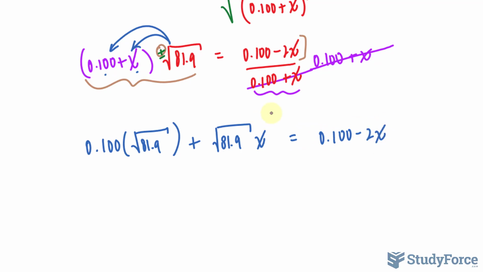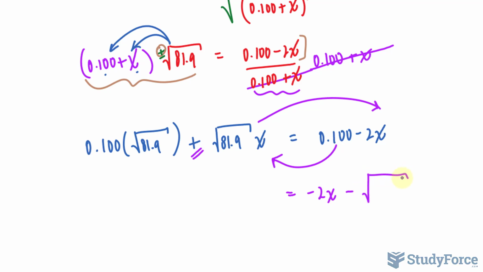I'll collect like terms, so I will bring this term to the left side and this term to this side. Watch what happens. Negative 2x minus, because we're negating it now, we're bringing it over, the square root of 81.9. And on the left side, we have this minus that.